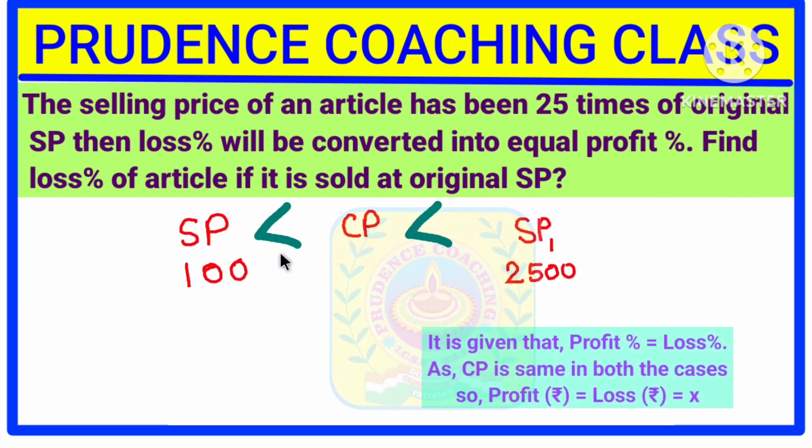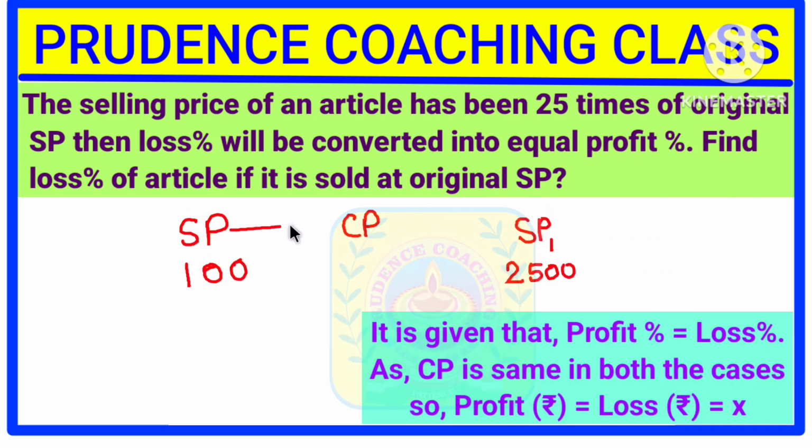So now, as it is said that in both the cases, in case of loss it is the same percentage loss, and in case of profit it is the same percentage of profit. So the value, that is the loss and the profit, will be same. So here in case of loss it is minus x, and in case of profit it is plus x.